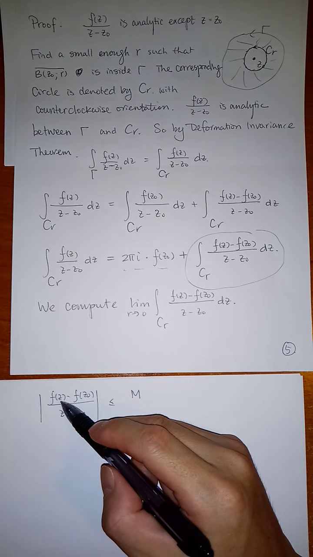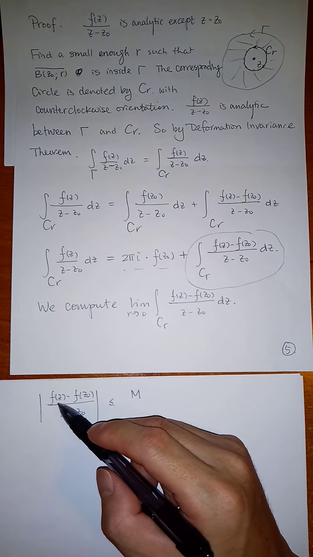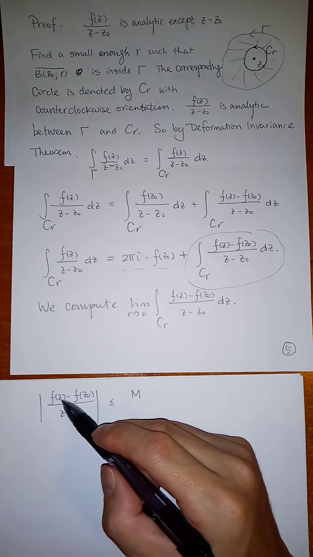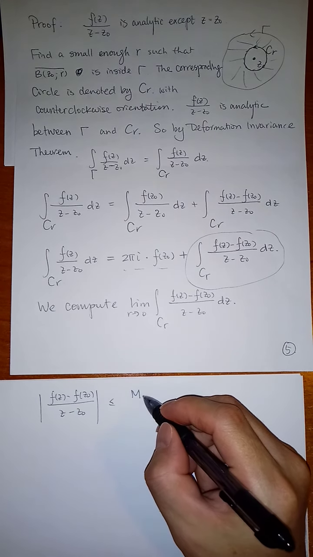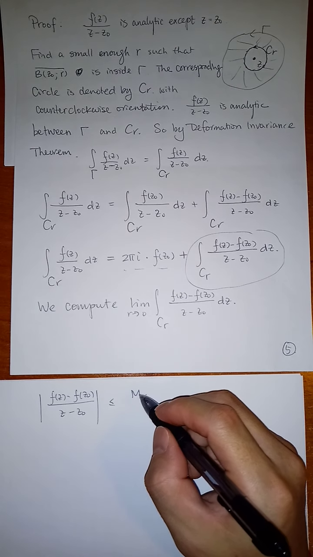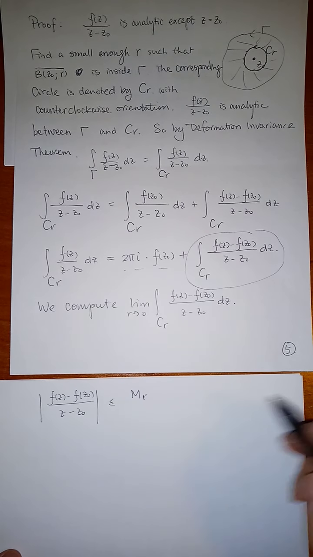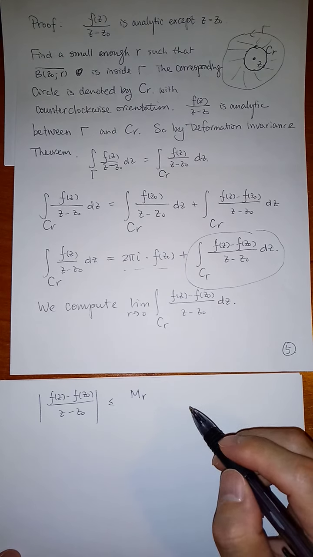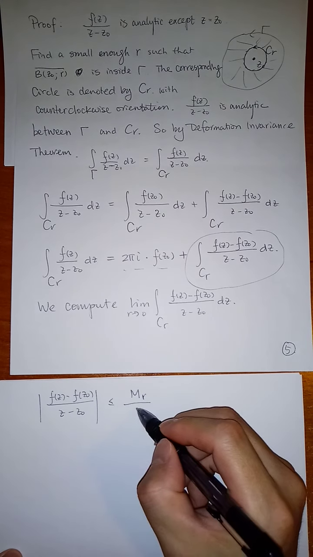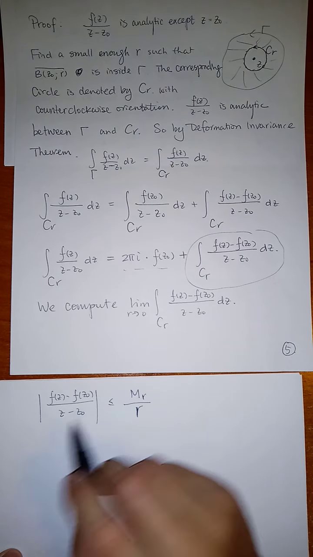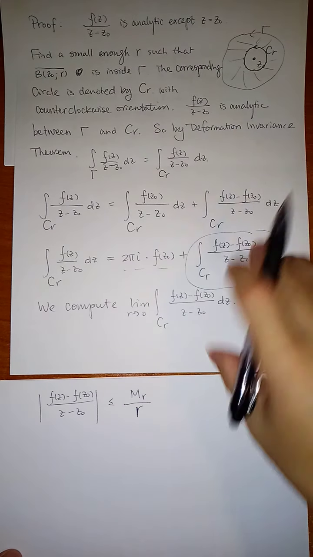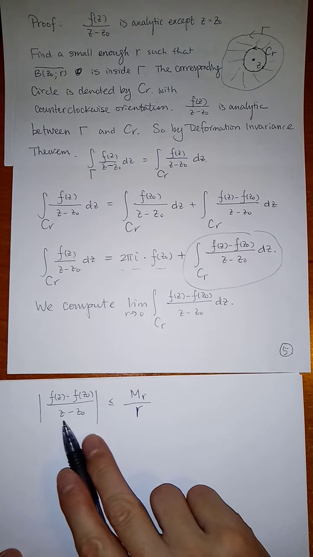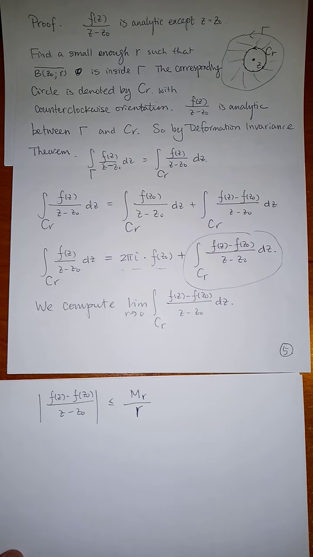So f is an analytic function, so f is continuous, and a continuous function over the circle is always bounded. Let's assume the upper bound is M. The upper bound, of course, depends on r, and the denominator is just r. The denominator is the distance between z and z0. z is from the circle, so the distance is equal to r.